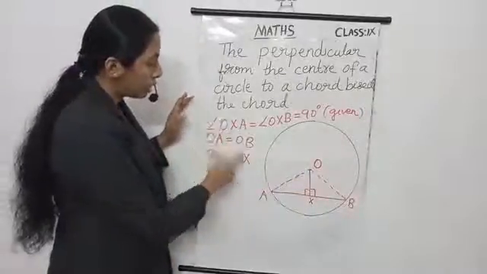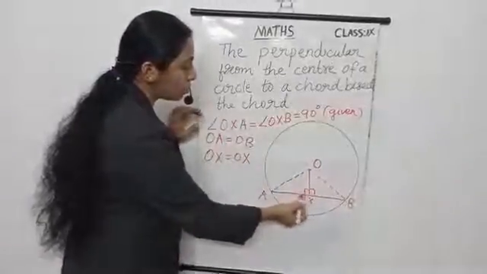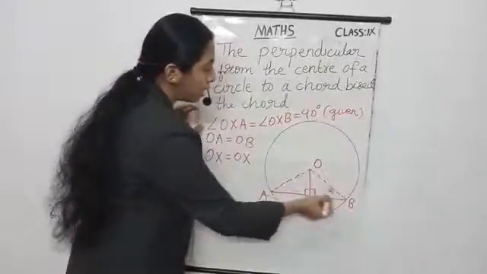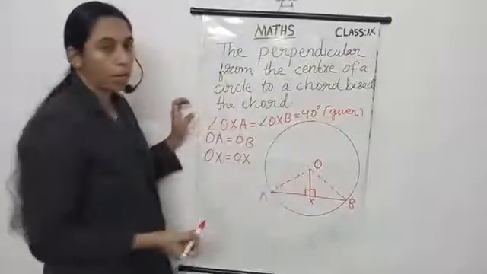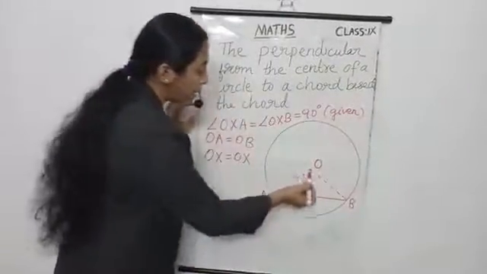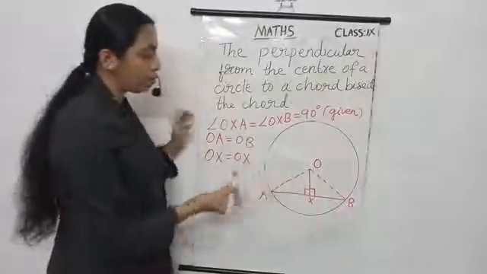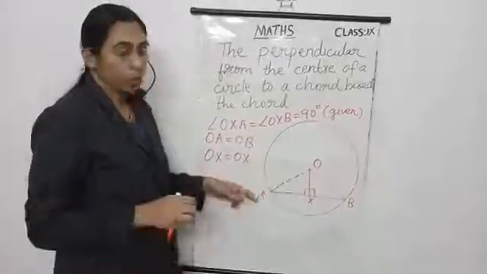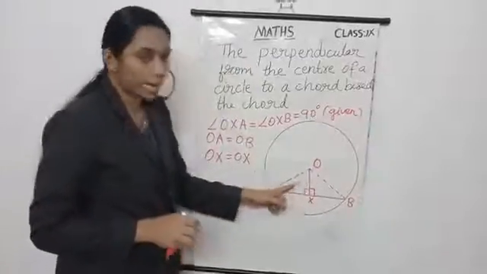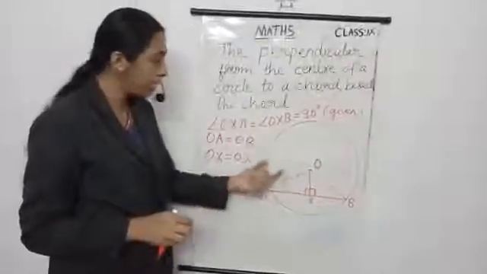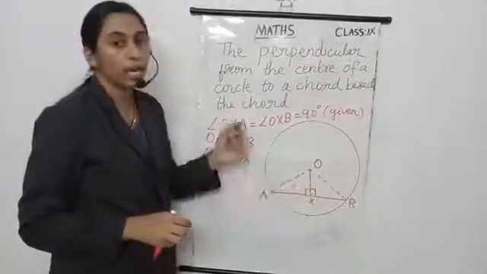So listen. These two angles are equal, 90 degrees. And these sides are equal because both are radii of a circle, and this OX is the same because that is common for two triangles. So these two triangles are right-angled and these two triangles are congruent.